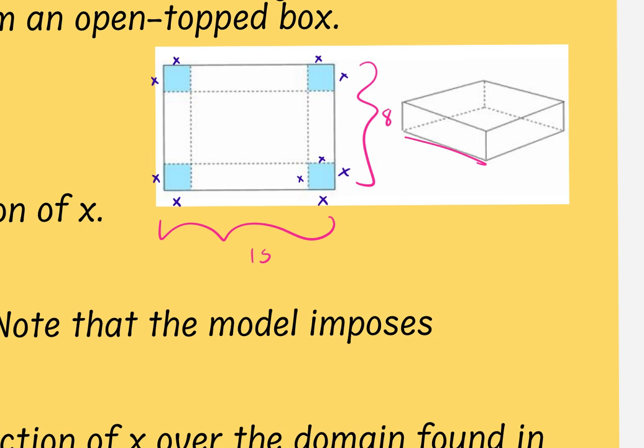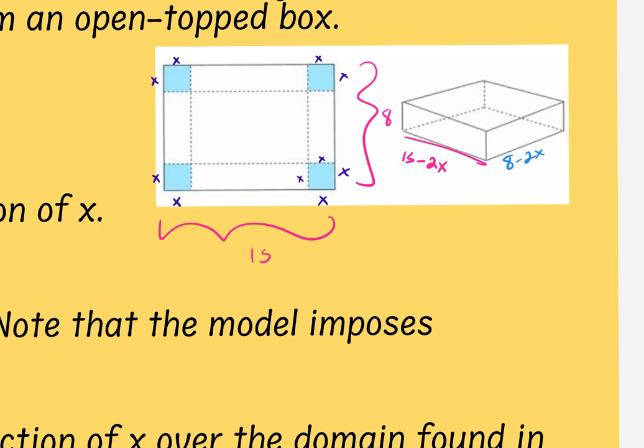I cut off the x and then folded it up, which means I cut out x on that side and x on that side. So the length of my new box is going to be 15 minus 2x. And then my width was 8, and I cut off 2x's again, which means my width is 8 minus 2x.